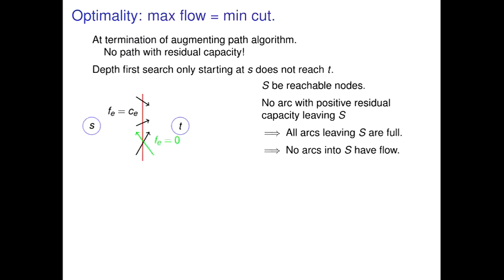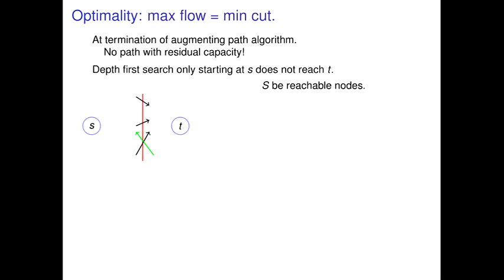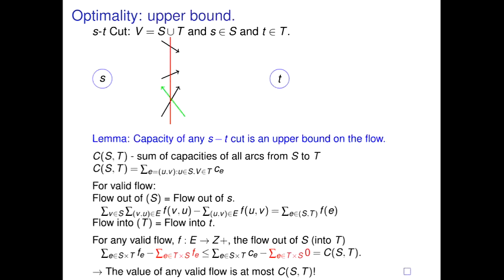You could actually send flow back. So technically it's this edge here. The flow across this cut is all the flow in one direction minus the flow in the other direction. So any arc from T to S reduces the flow across this cut. Okay.